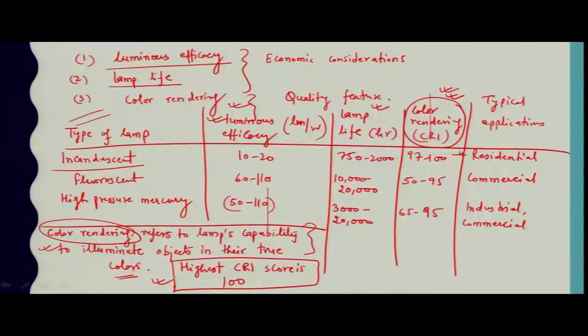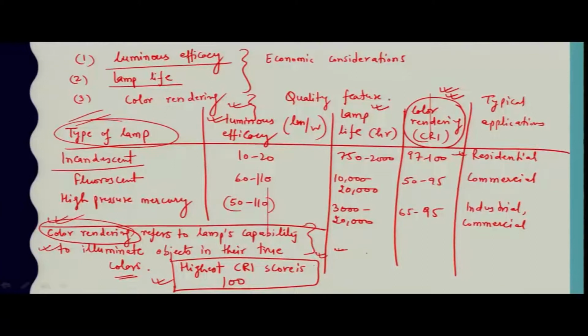So in daylight you will be able to identify the true color of any object. When daylight is used for visualization purposes, the highest CRI will be 100. As the CRI score of a given lamp type decreases, this indicates a reduction in the lamp's color rendering capability.